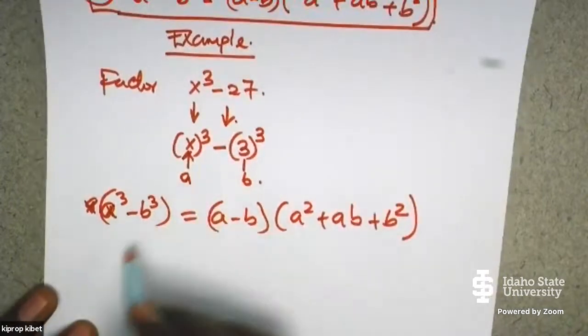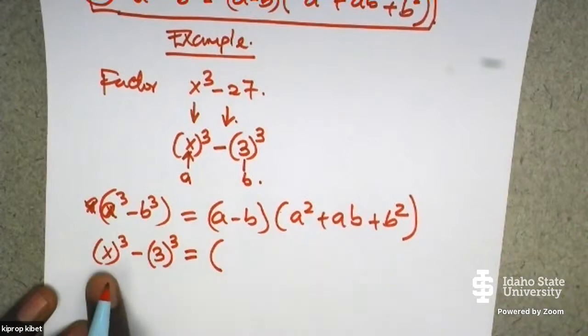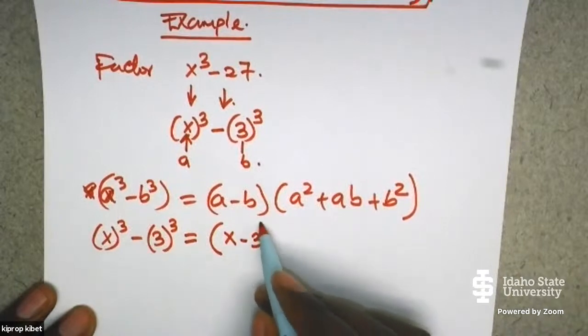So now in our case, x cube minus 3 cube will be equal to: our A in this case is what? x, right? Our B will be minus 3.